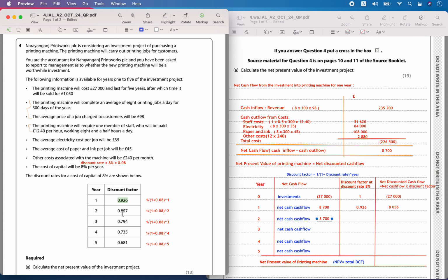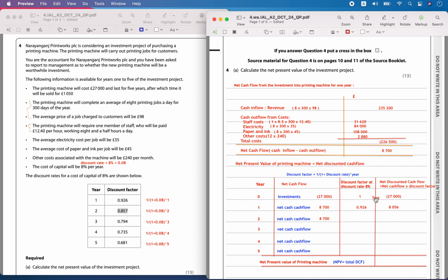Next one is 8,700, and the discount factor will be 0.857. Let's write it here and multiply it: 8,700 times 0.857 is equal to 7,455.9, which I can round off to 7,456.